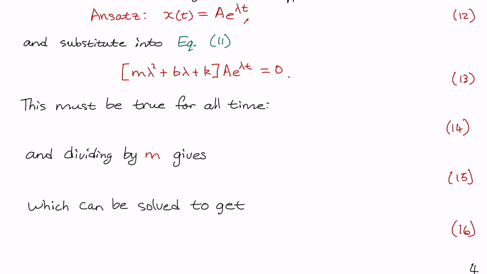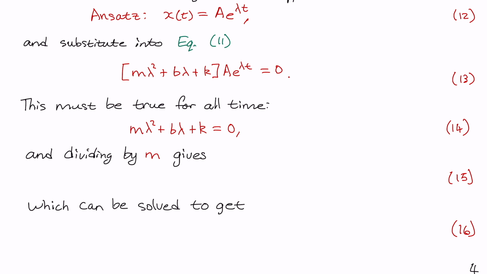It can only be 0 for infinite time or at very precise specific times if it's an oscillation, but it won't be true for all time. And we don't want a to be 0 because then we get no motion at all, and that's a boring, or trivial, solution. So what that means is that the equation m lambda squared plus b lambda plus k must be equal to 0. And this is what you would consider to be the characteristic equation for this system.